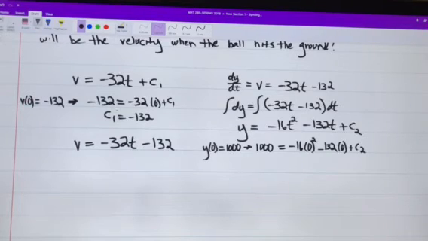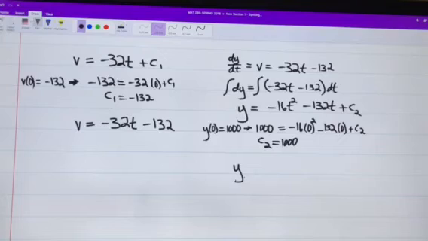Notice that the first constant is not negligible, and neither will the second constant. So at any time t, y of t is negative 16t squared minus 132t plus 1,000.